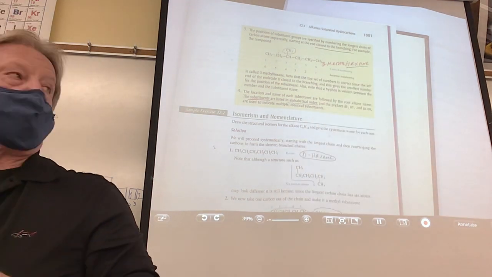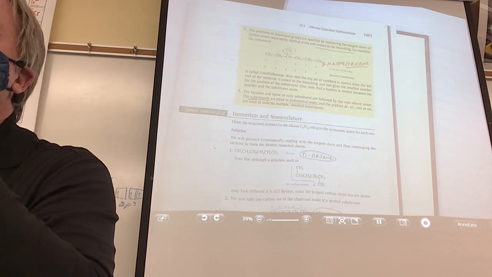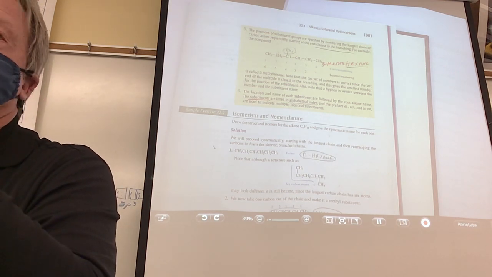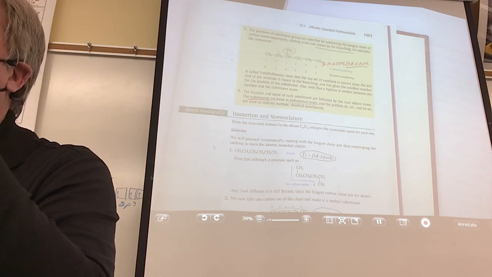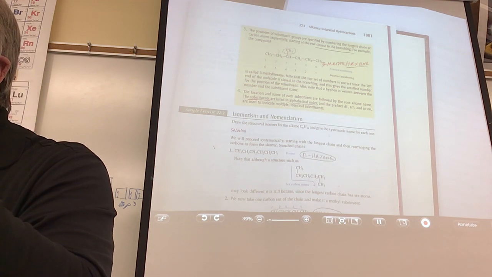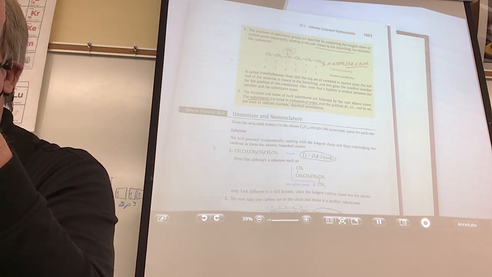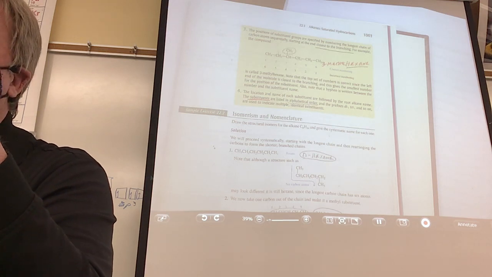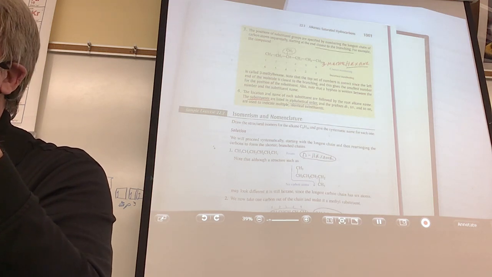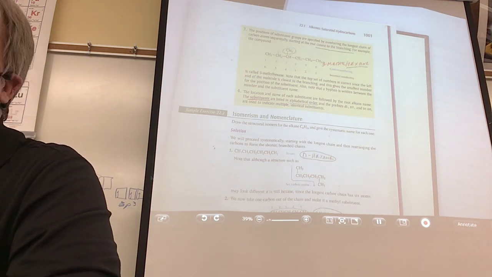What you're going to find interesting, I think, is that when we start building isomers, you're going to see that there is a limit. For example, if you have a branch that's 4 long, and your parent chain is 4, you made a mistake. So it's not like we have an unlimited number of isomers.